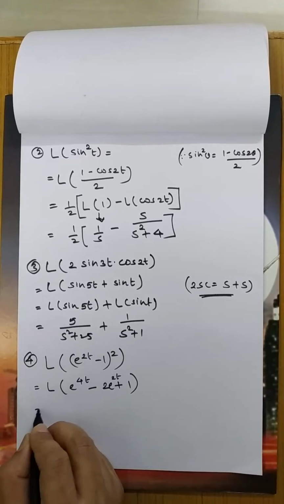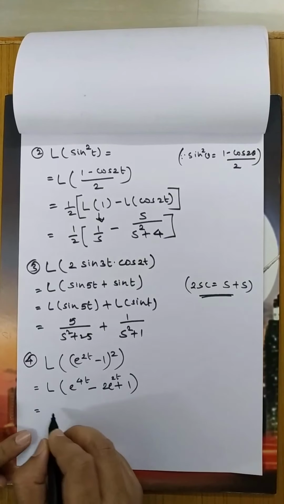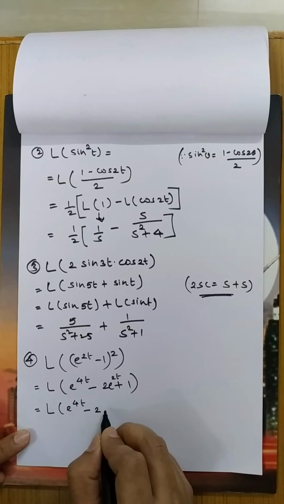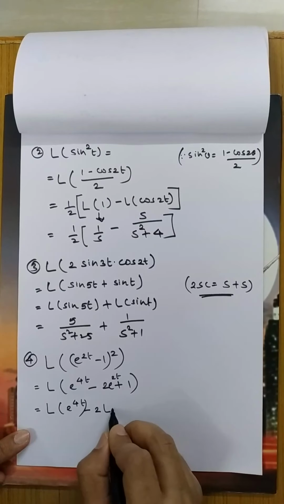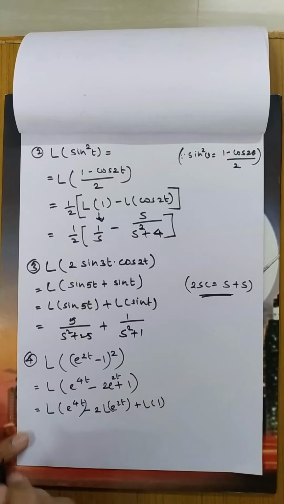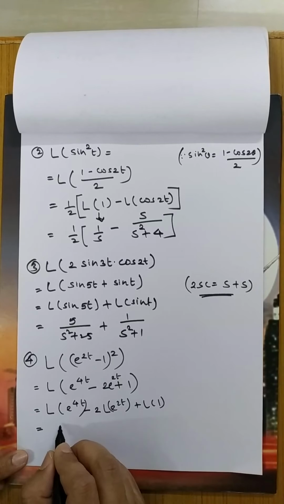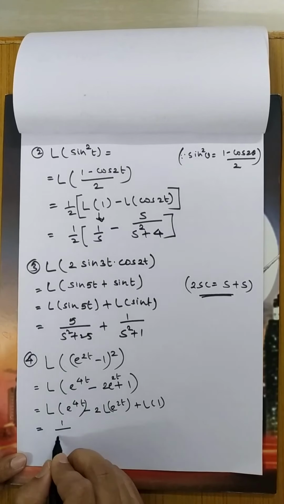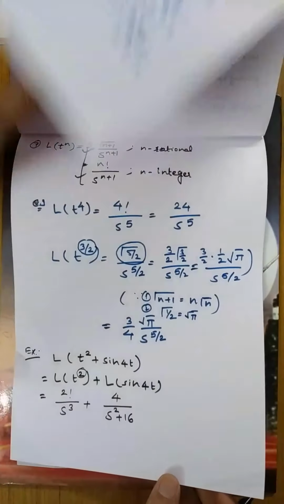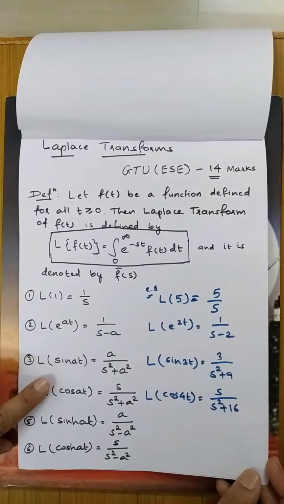Now, as per linearity, we can apply Laplace on individual terms. Laplace of e raised to 4t minus 2 of Laplace of e raised to 2t plus Laplace of 1. You can refer to the previous list of formulas.